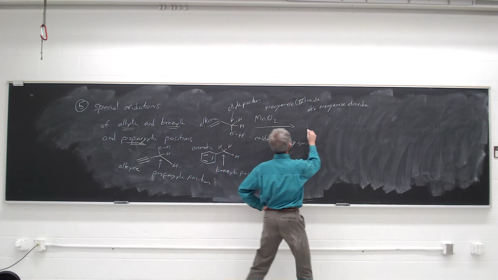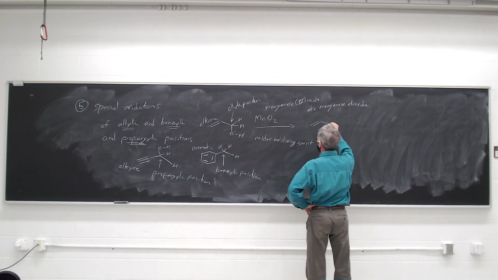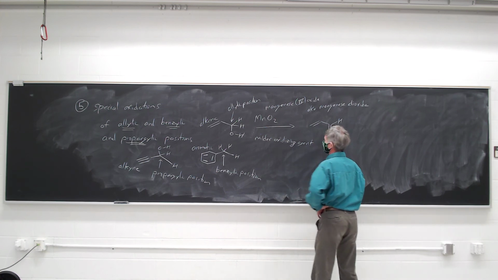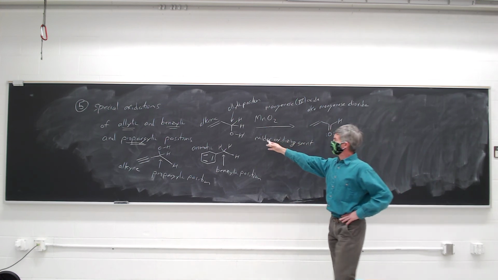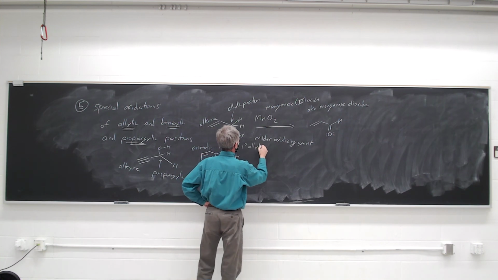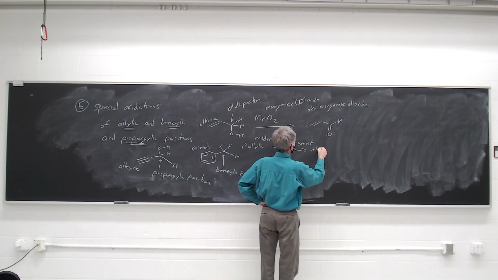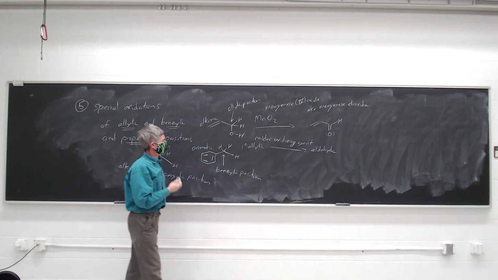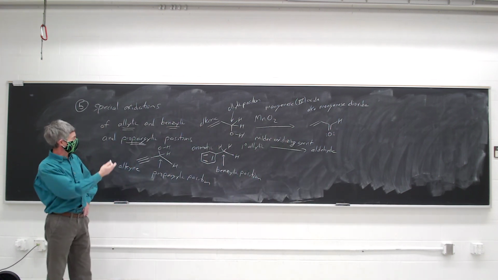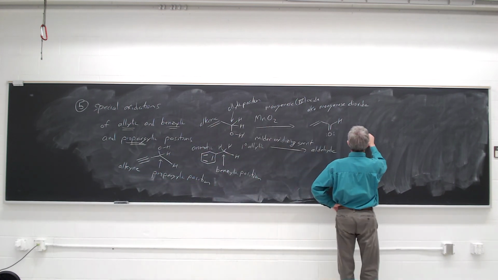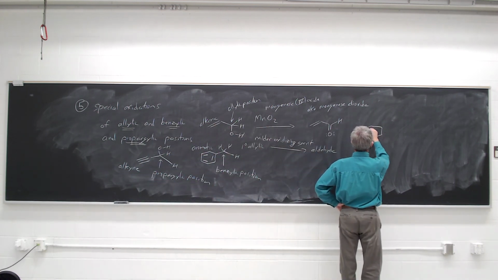And it will oxidize the allylic alcohol up to the corresponding carbonyl. So this is a primary allylic system, and it'll generate an aldehyde. But it would do the same for a secondary allylic or propargylic position. It will also oxidize benzylic alcohols.